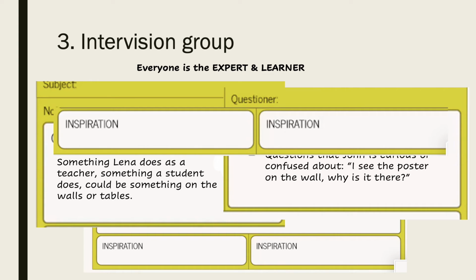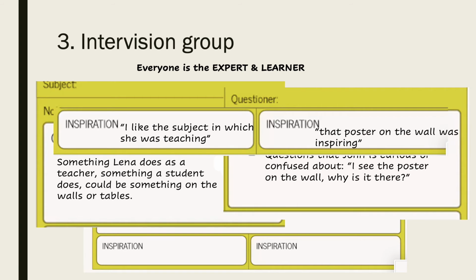And then both Lauren and John individually write down what inspired them by viewing Lena's class. It could be something that she was teaching her class, or some things on the wall that were inspiring to them that they maybe want to use in their classroom now.